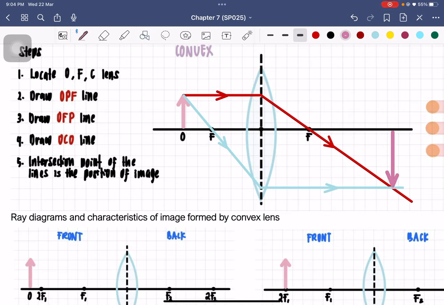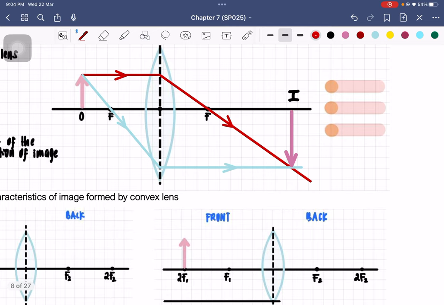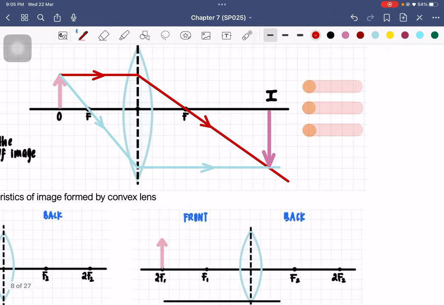Clearly we can see that this image is much bigger than the object itself. So let's write the characteristics of the image. Firstly, it is inverted because it has a different orientation from the object. So let's write inverted here.